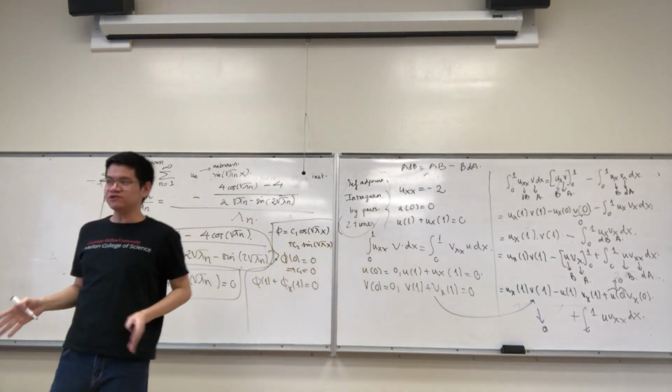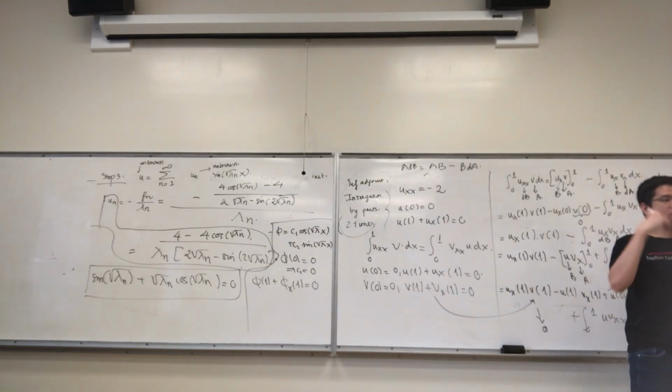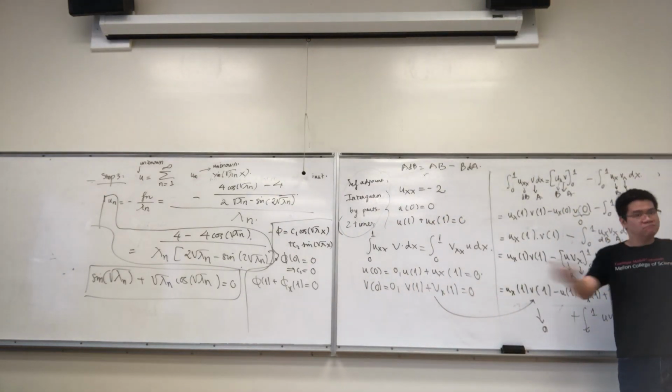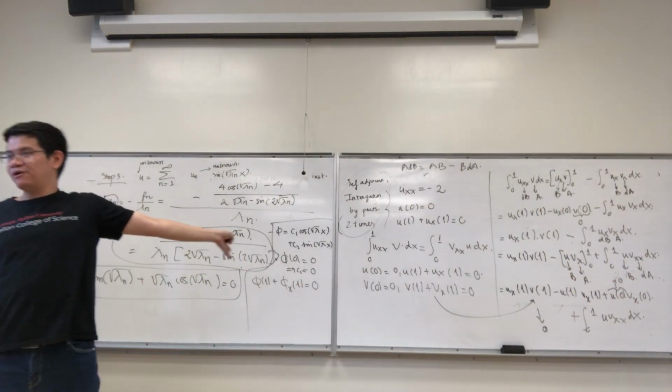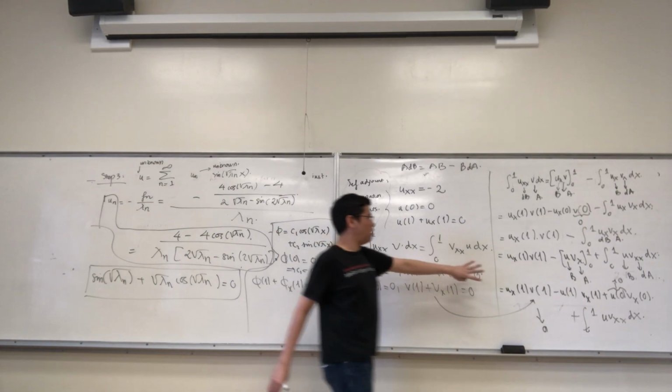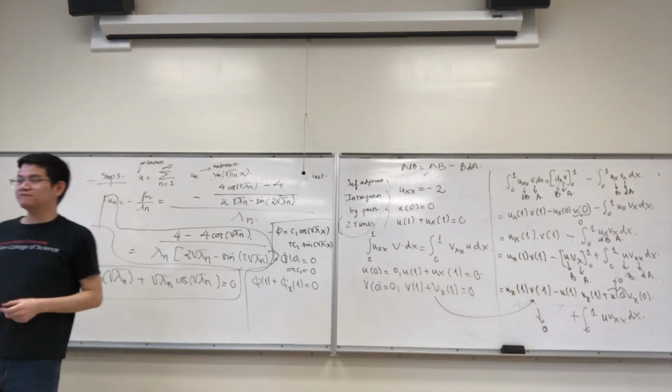So in order to check self-adjointness, this is the only procedure that you have to do. You just integrate by parts 2 times, and it's automatically satisfied because the boundary condition will make all of the limit terms 0. Right?